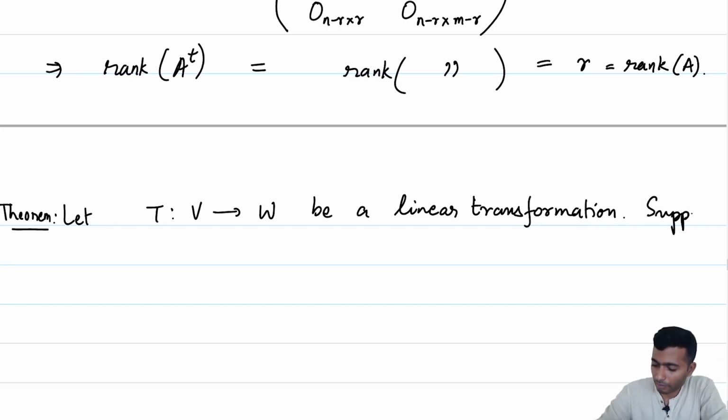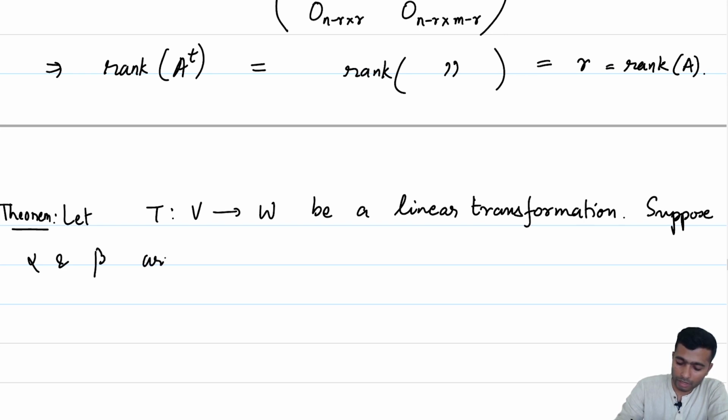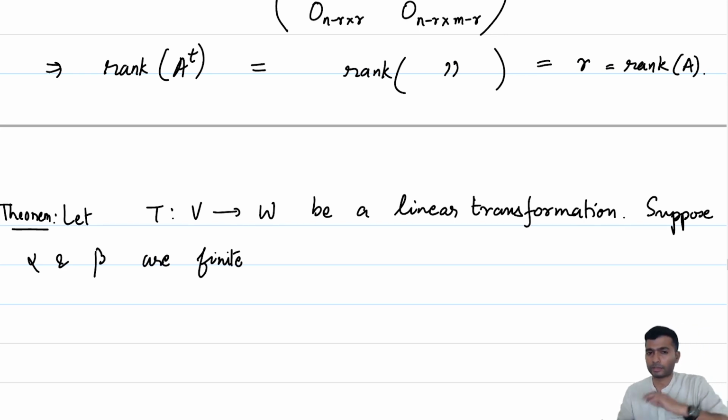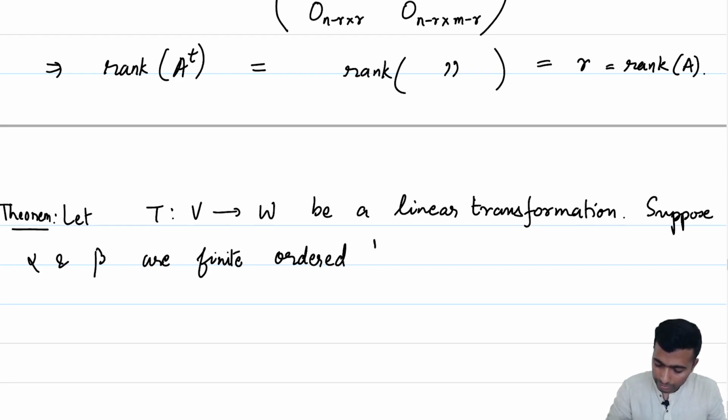Suppose alpha and beta are finite ordered bases. When I say finite, its cardinality is finite, and therefore V and W are finite dimensional. Suppose alpha and beta are finite ordered bases of V and W.